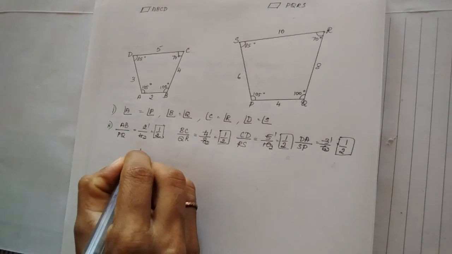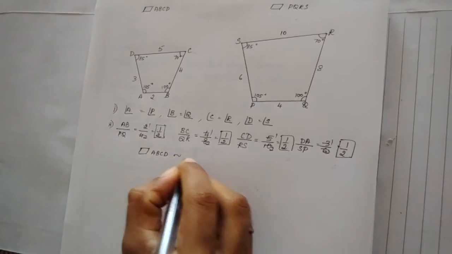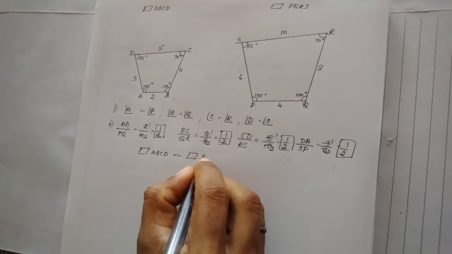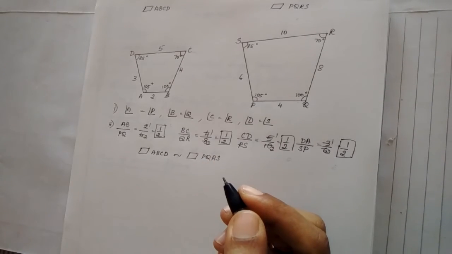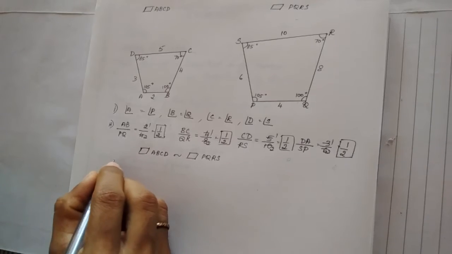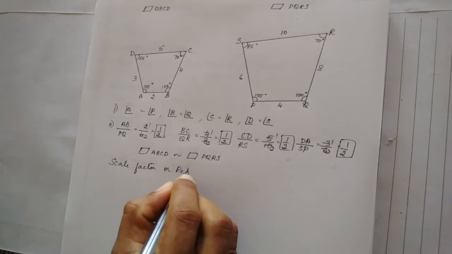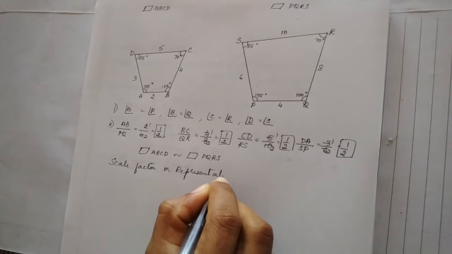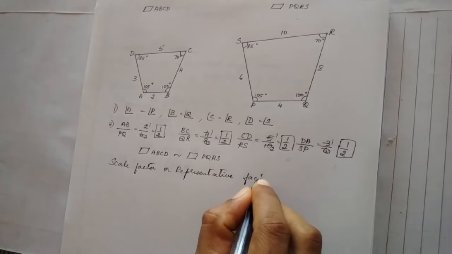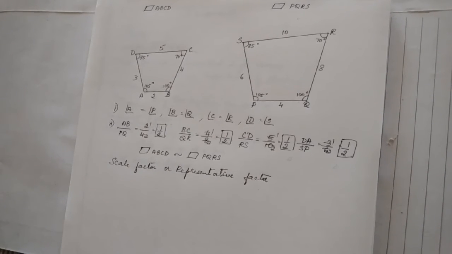Therefore, quadrilateral ABCD is similar to quadrilateral PQRS. So this same ratio is also known as the scale factor or representative factor. Now, let us take the second example of two quadrilaterals, the square and the rectangle.